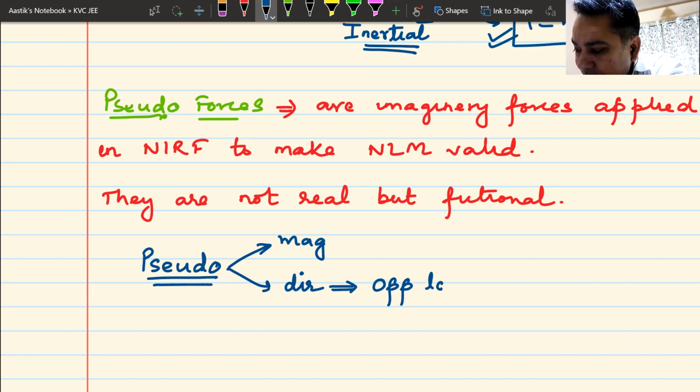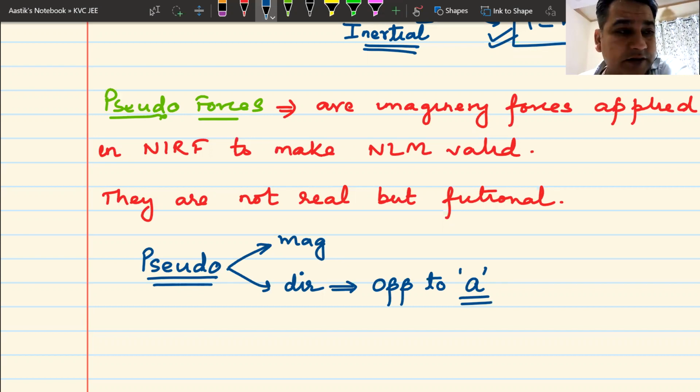It is opposite to the direction of acceleration. Remember, pseudo forces are only applied when you make equations from a non-inertial frame. If it is a non-inertial frame, it must have acceleration. Direction of pseudo force is opposite to acceleration.